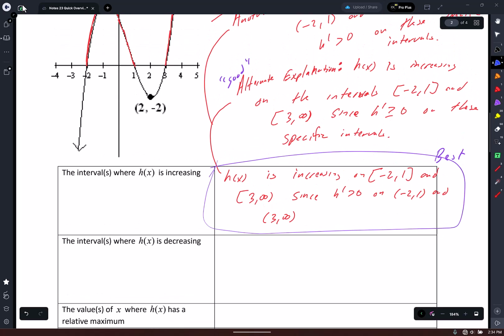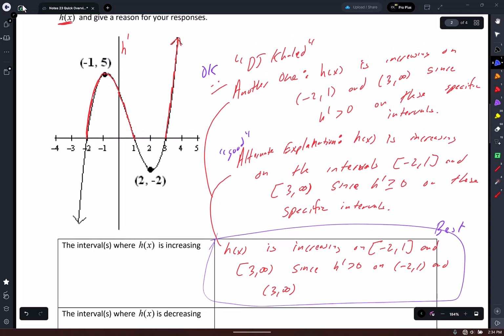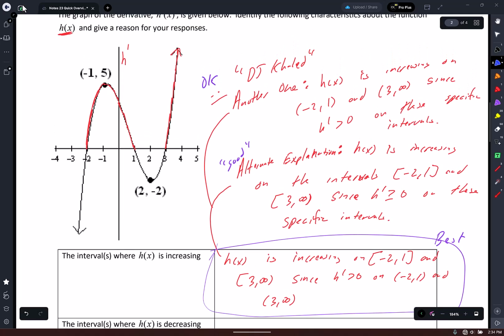On the intervals where h of x is decreasing. Okay, this is h prime. So where's h of x decreasing? Where h prime is negative, and that happens to be?